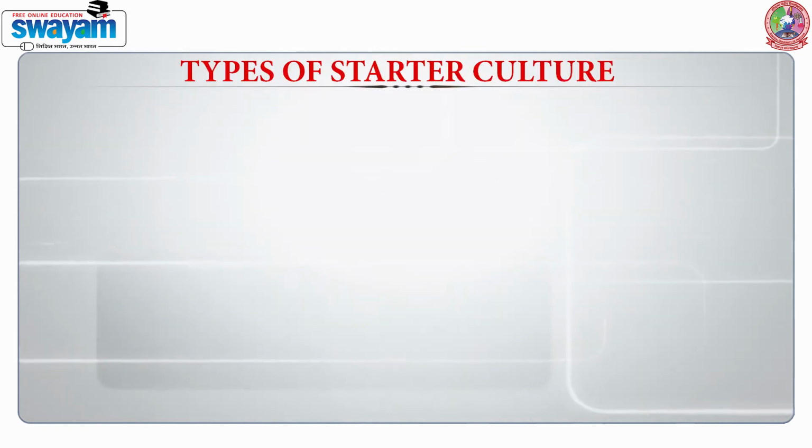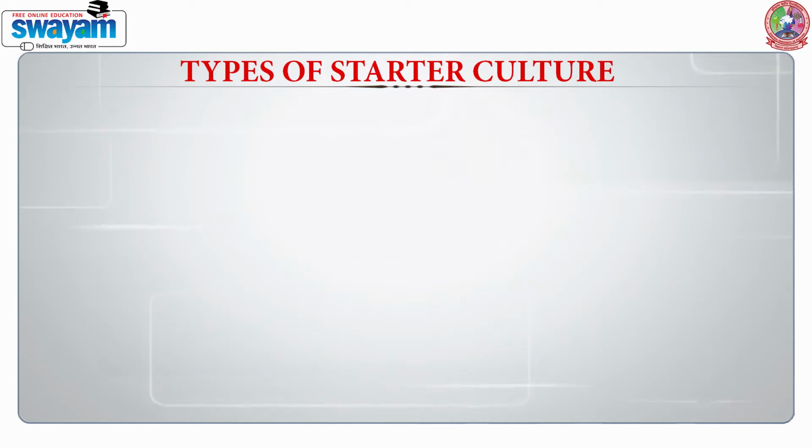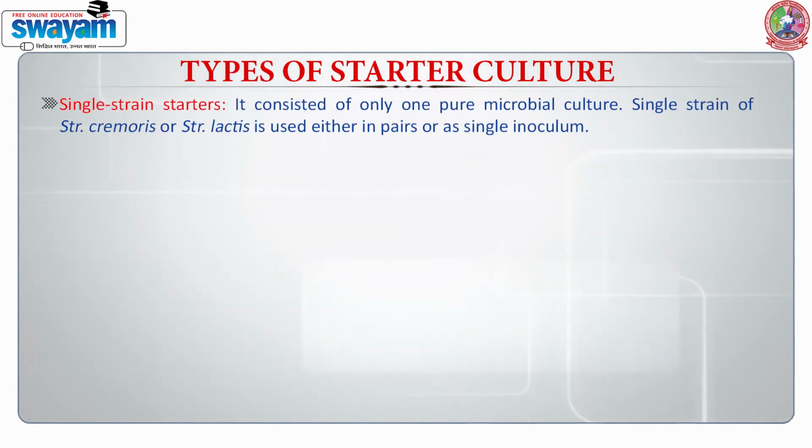Let us learn about the different types of starter culture in the food industry. First, single strain starters. As the name indicates, it consists of only one pure microbial culture. A single strain of Streptococcus cremoris or Streptococcus lactis is used either in pairs or as a single inoculum.